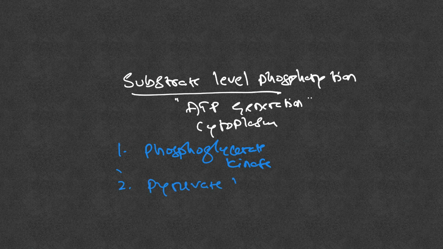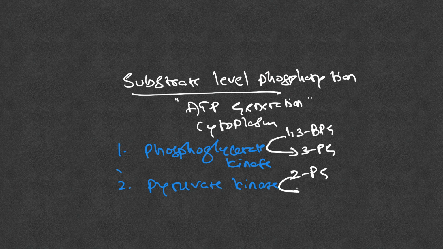Just to remind you, the phosphoglycerate kinase substrate is 1,3-bisphosphoglycerate, which will be converted to 3-phosphoglycerate. For pyruvate kinase, 2-phosphoglycerate is converted to phosphoenolpyruvate. This is the product. So these are the examples of substrate level phosphorylation.